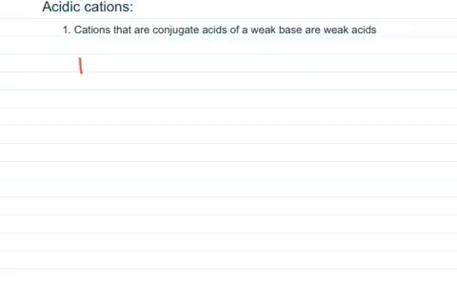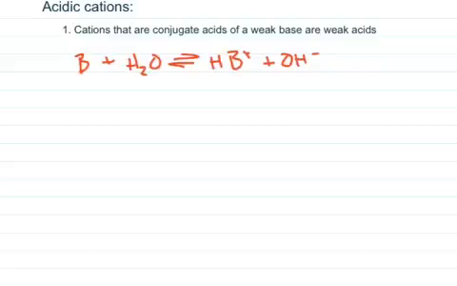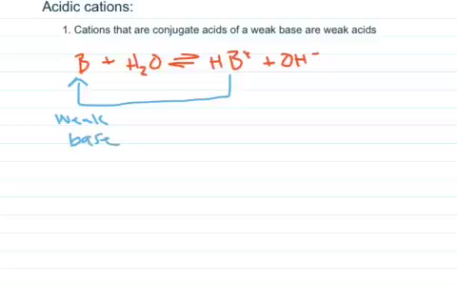If I have a base plus water goes into equilibrium, I have my conjugate acid plus my hydroxide. I know that if this base is a weak base, then that means this acid has to be a weak acid.